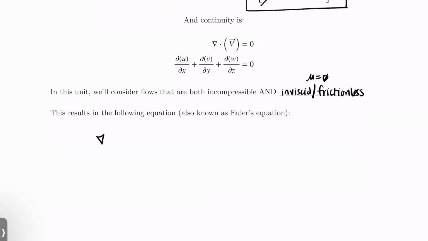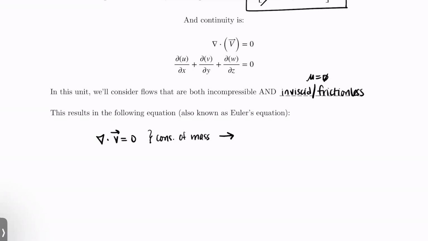So we have that the divergence of velocity is 0. This is from conservation of mass. If you remember, this is just how we say incompressible mathematically.